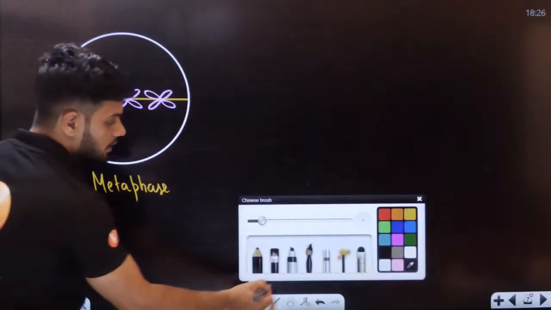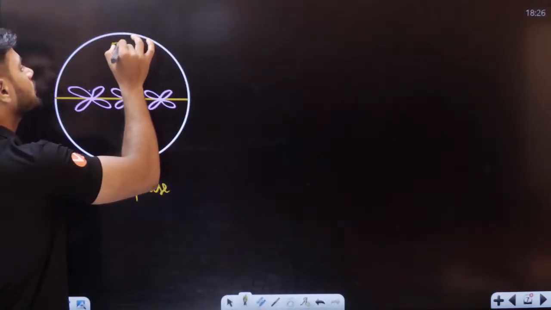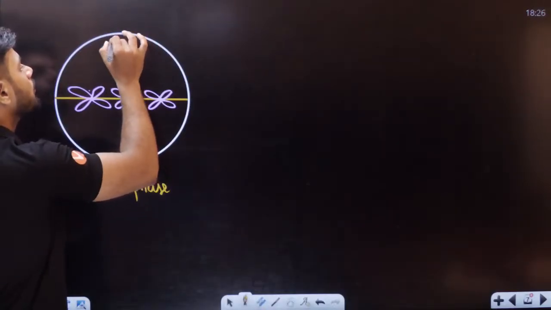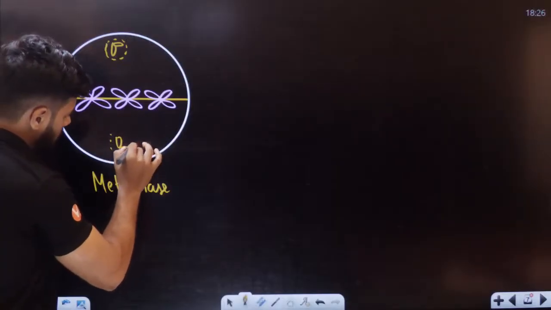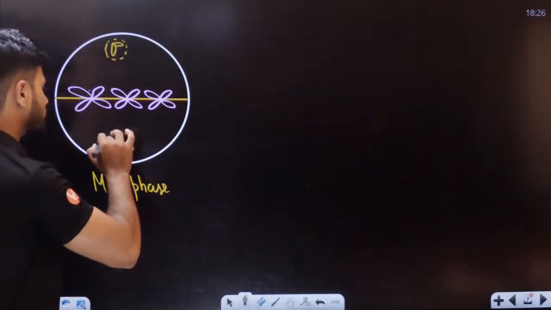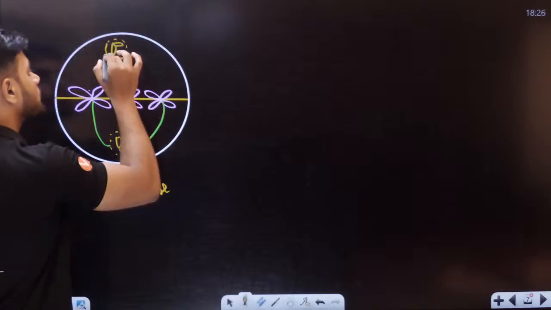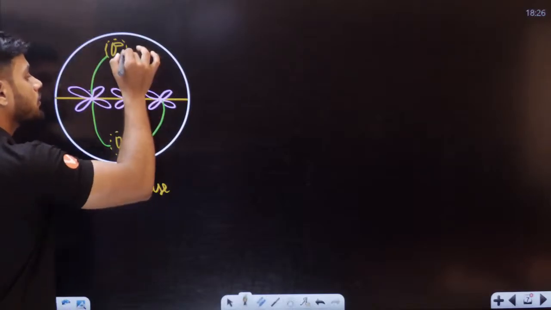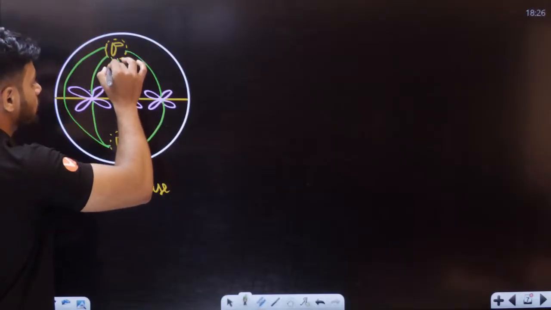And in the corners, what do we have here? Here we have the centrosomes in the corner. From here, we can see the spindle fibers rising. Some spindle fibers do not attach, they just pass through.